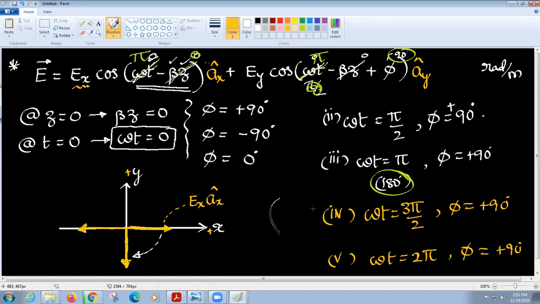Now slowly, if I take omega t equal to 3 pi by 2, that means cos 270 is 0. This is 3 pi by 2, 270 plus 90, which is 360. Cos 360 is 1. So therefore, I get positive Ey ay roof. So I just go this way.